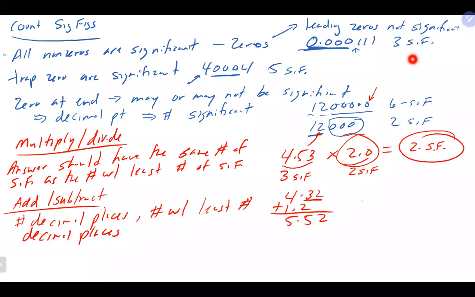This number here has 2 decimal places. Next number has 1 decimal place. So we would go to only one decimal place here and round to 5.5. 5.5 has one decimal place, but it has two significant figures if you needed to carry that on with some type of calculation. Any questions on that there?